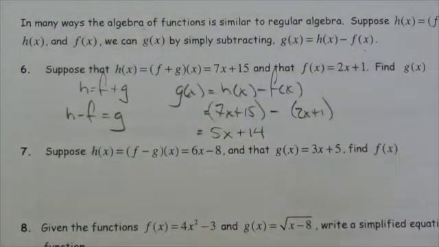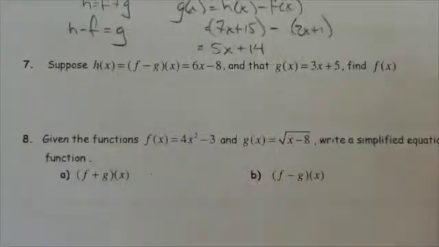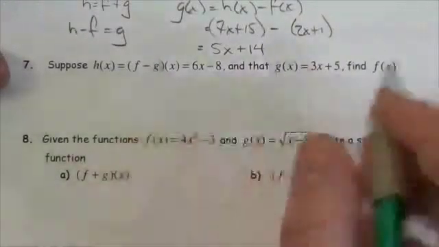It's very intuitive. Suppose h of x is equal to f minus g of x, which is equal to 6x minus 8, and that g of x is equal to 3x plus 5. Find f of x. This question is very similar to the one we just did. It's just structured a little differently because we've got a subtraction here.